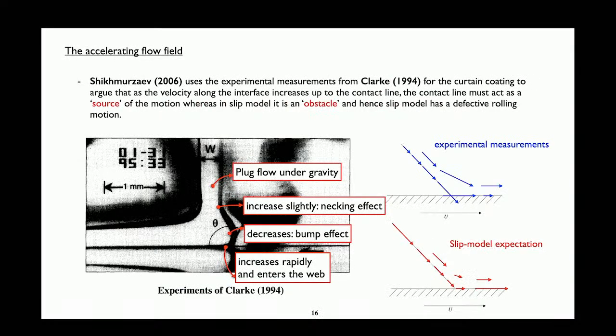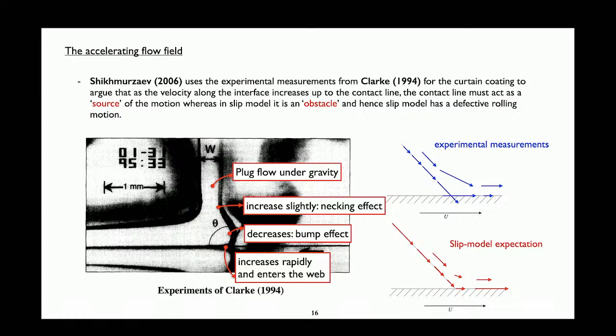Now coming to our second question, the issue of the accelerating flow field. This was brought up by Yuli Shikhmurzaev in the review paper in 2006, where he used experimental measurements from Clark, which are also widely available in the literature from Kistler and Blake for curtain coating.